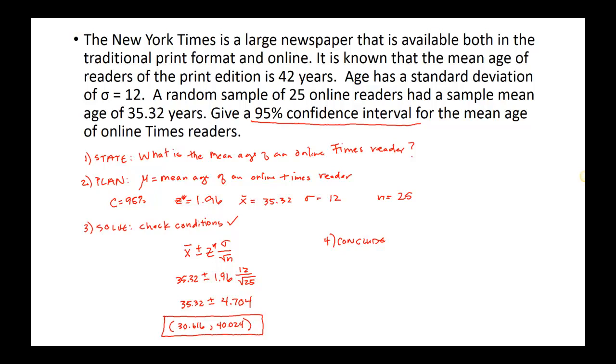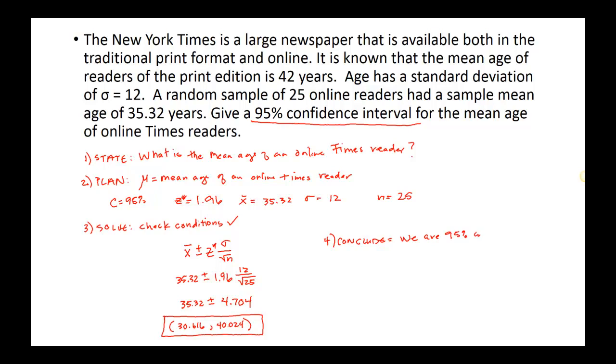So I recommend following this pattern whenever you're writing your conclusion for confidence intervals until you really understand what a confidence interval is and what it describes, just to avoid getting points taken off for writing the wrong thing.